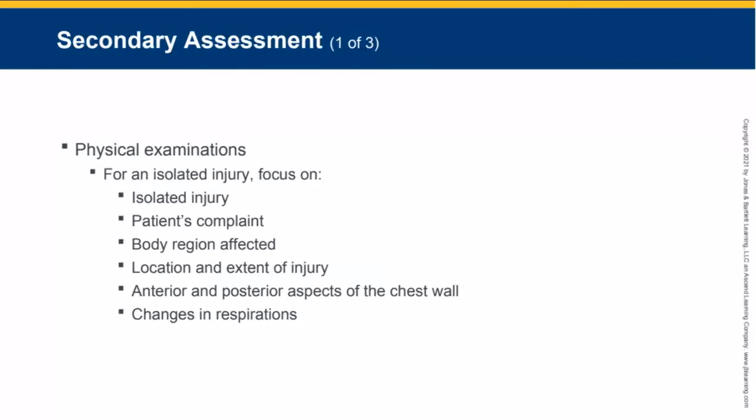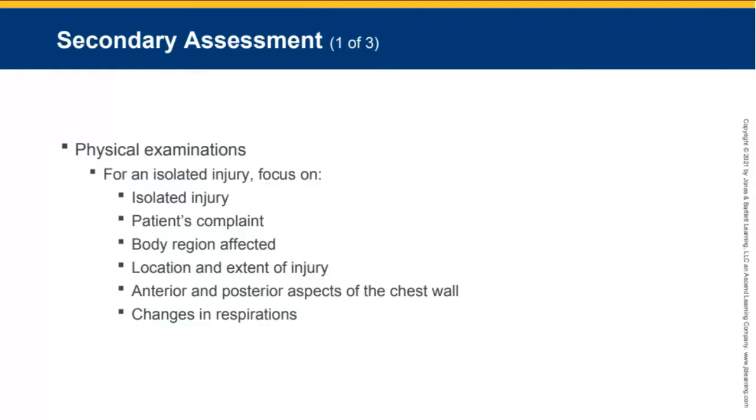After we have a complete history, the next phase is our secondary assessment, physical examination. For an isolated injury, focus on the isolated injury: the patient's complaint, the body region affected, location and extent of injury, anterior and posterior aspects of the chest wall, very important.